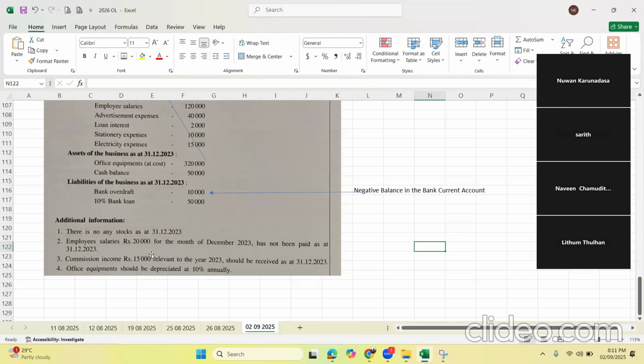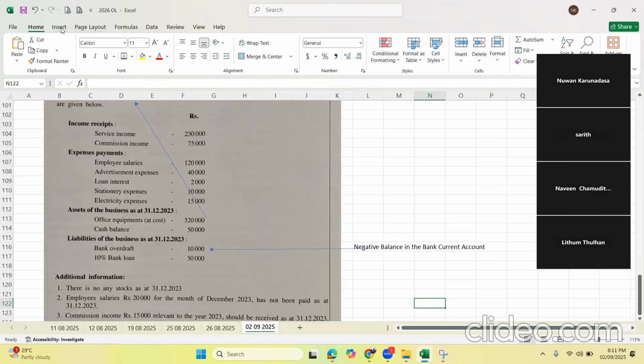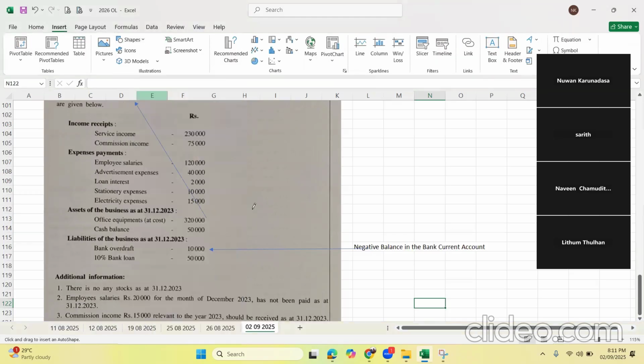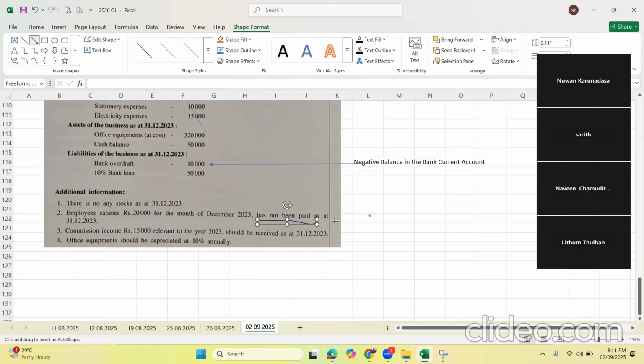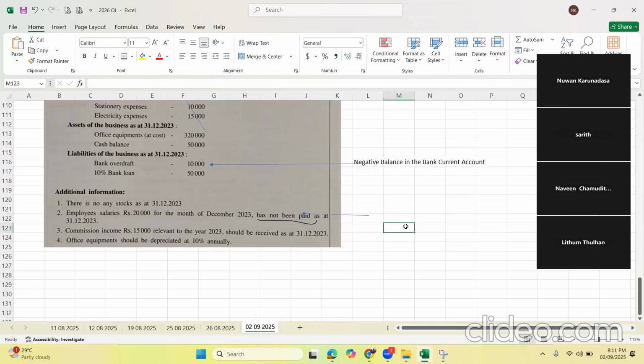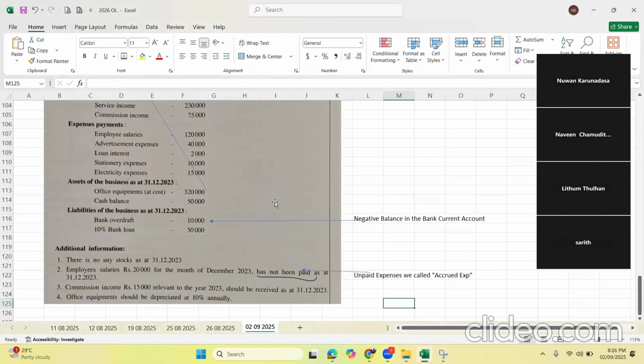Employee salary of 20,000 for the month of December 2023 has not been paid as of 31st December 2023. Not paid means this is accrued expenses.